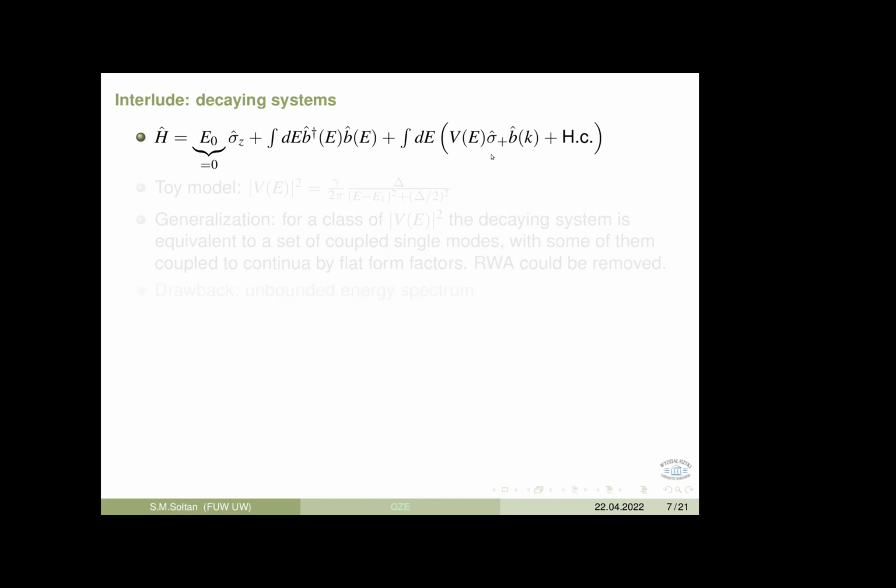So this model could be used to describe, let's say, some two-level system interacting with the electromagnetic field and being excited, and then de-exciting and emitting a photon. But then we should note that this is the Hamiltonian under the rotating wave approximation. Another idea would be to say that this Hamiltonian could be applicable as some model of a quantum dot from which an electron can escape to the continuum.